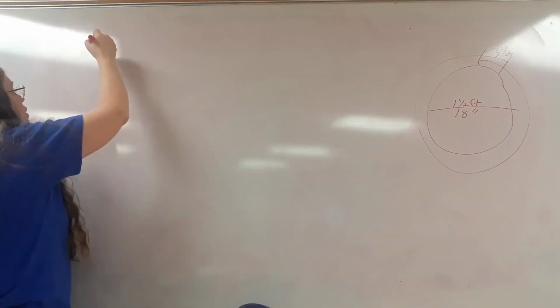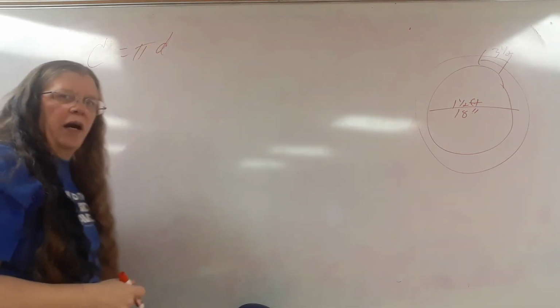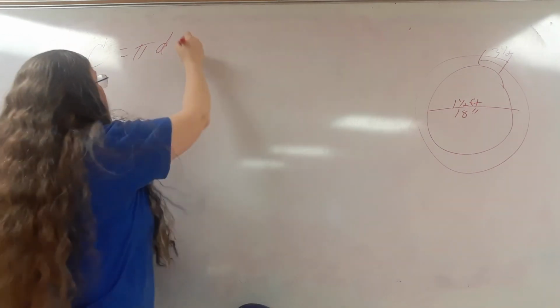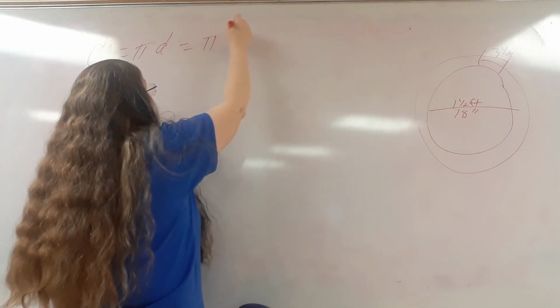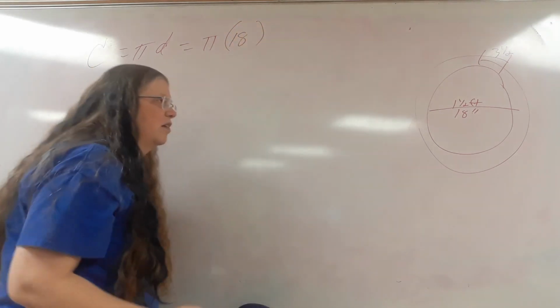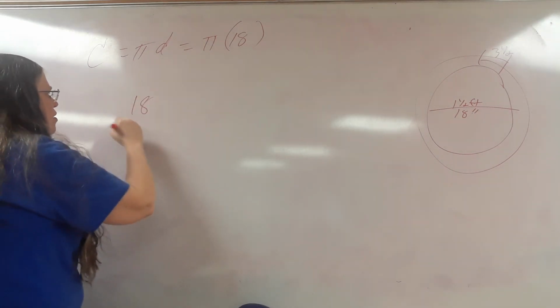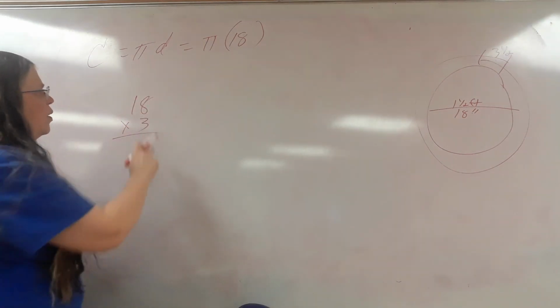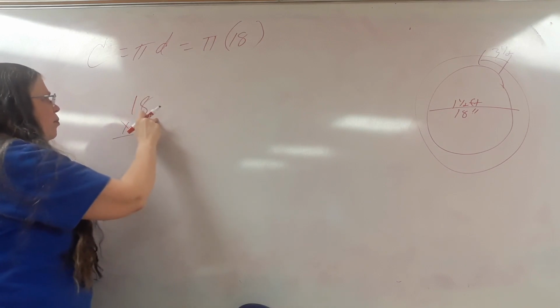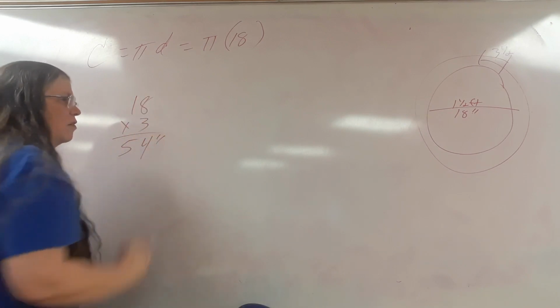Circumference is pi d, 2 pi r. That gives us pi times 18. 18 times 3. That's 20 times 3, which is 60, minus 6. So that's 54 inches.